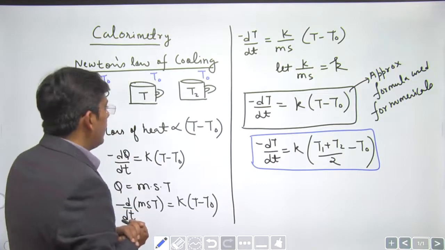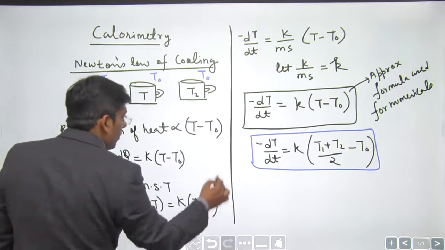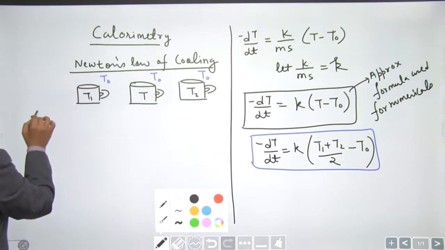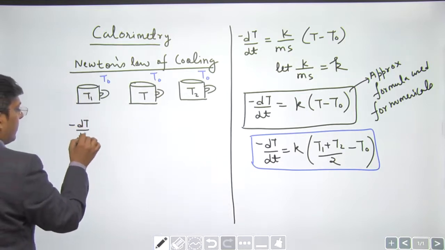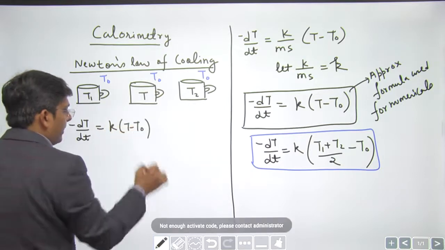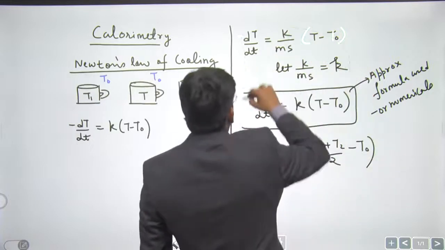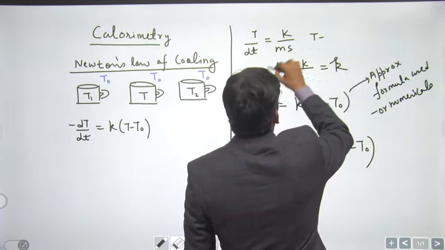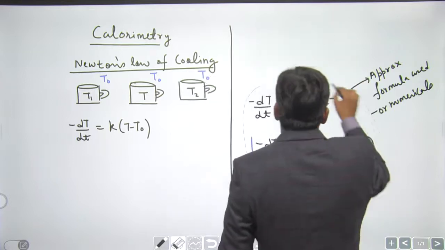But let us now find what the actual formula is. Let me write this formula, minus dT by dt is equal to k times T minus T naught. One major limitation of Newton's law of cooling is that it is valid only when the difference in temperature of system and surrounding is up to 40 degrees Celsius.